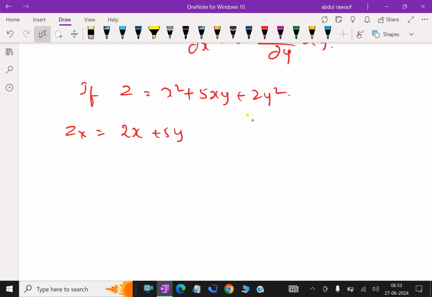And zy equals 5x, then the derivative of 2y squared is 4y, so zy is 5x plus 4y.